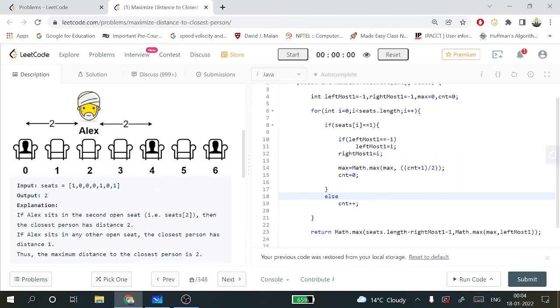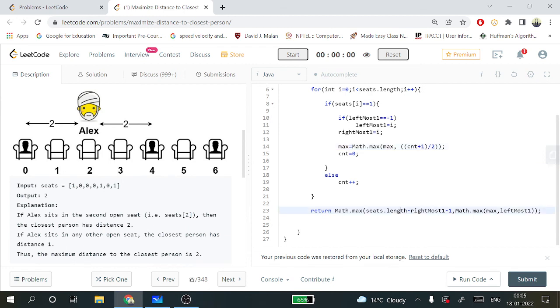The next time we see 1, it means that we have counted all the zeros between two ones, and we will simply use our formula (count plus 1) by 2, and we will assign the maximum of the previous maximum and the current value. So line number 14 will give us the maximum for the middle.